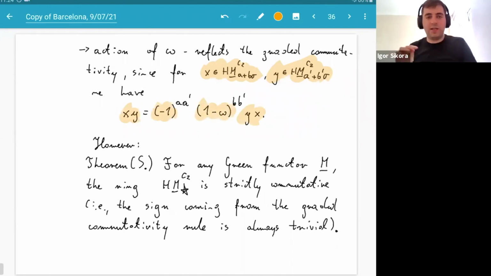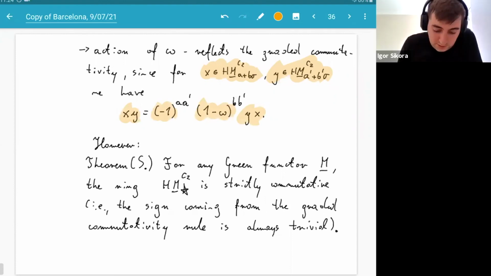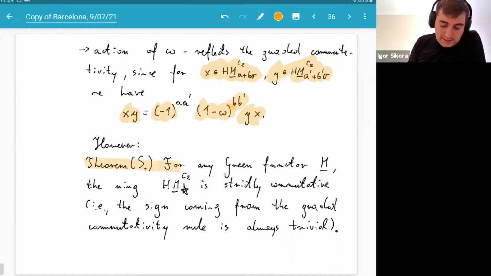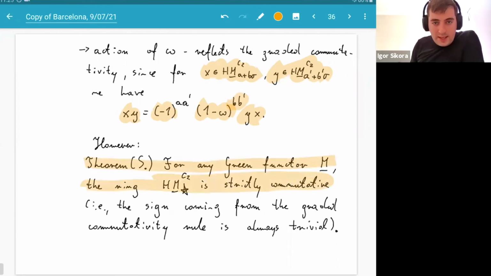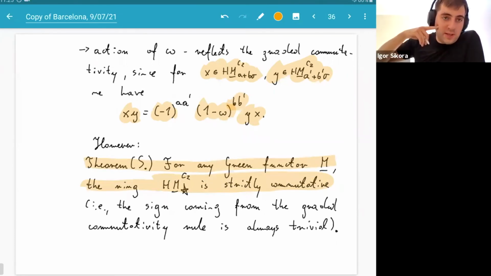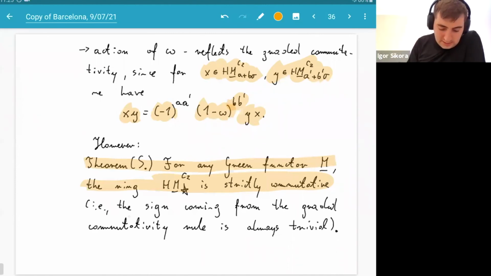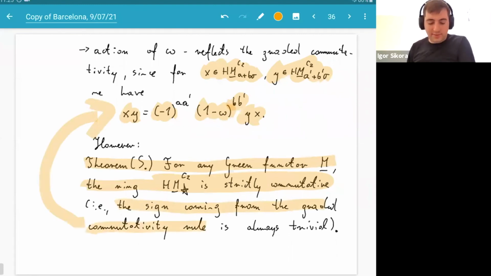So this is a kind of non-trivial sign coming from the action of the Burnside ring. However, we can prove that for all Eilenberg-MacLane spectra, this sign is trivial. So for any Green functor M, the coefficients of this Green functor are actually strictly commutative, which means that the sign coming from the graded commutativity rule is always trivial.